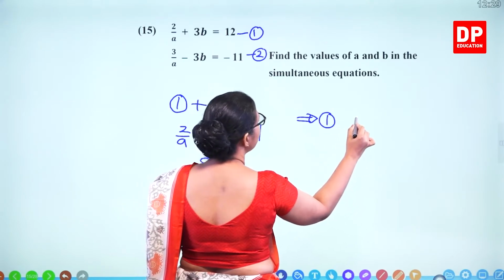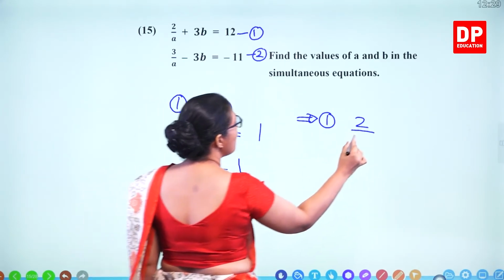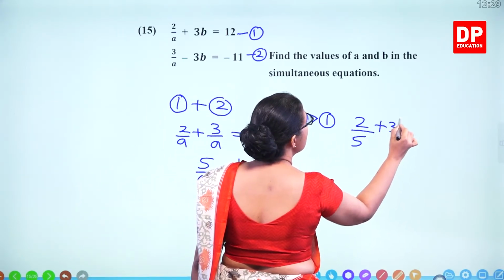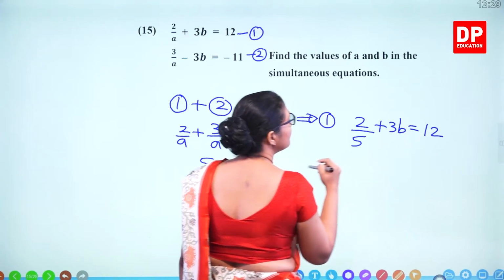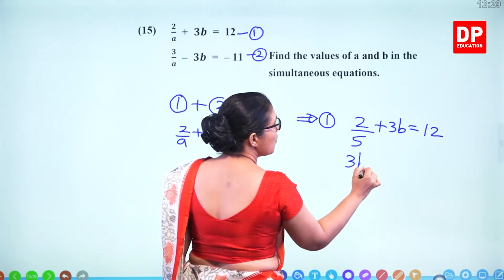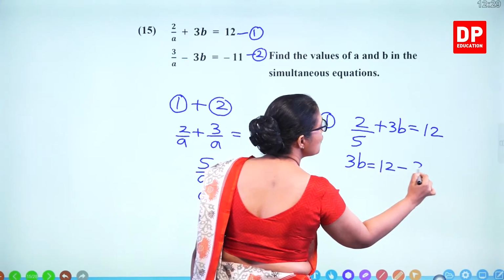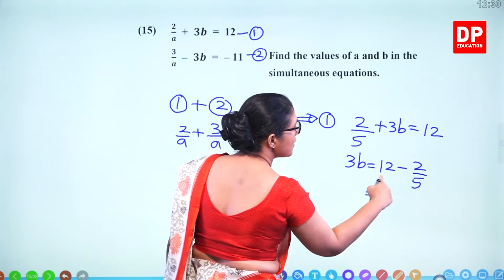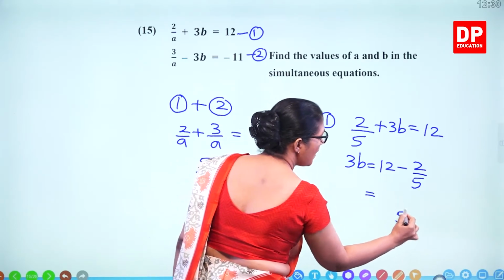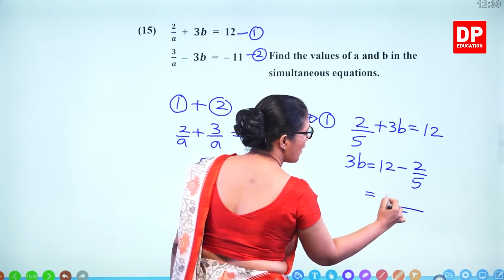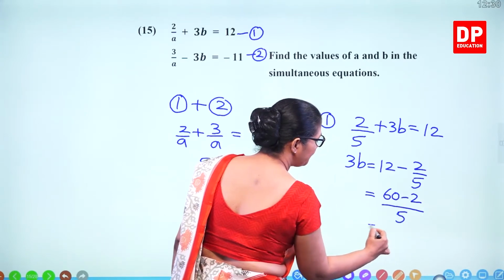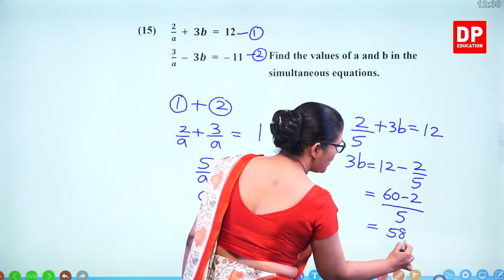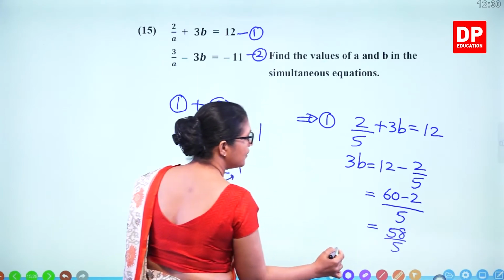Take one of the equations and substitute. We'll take 1. 2 over 5 plus 3B equals 12. 3B equals 12 minus 2/5. So take the same denominator, 5. 12 times 5, 60. 60 minus 2, 58 over 5.